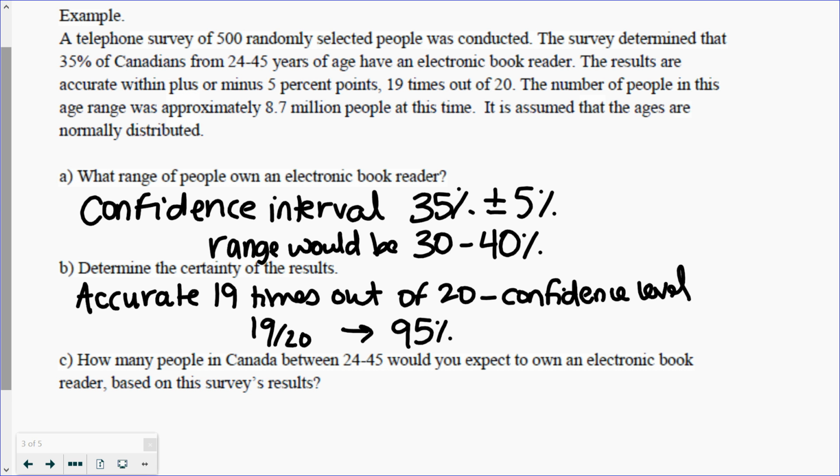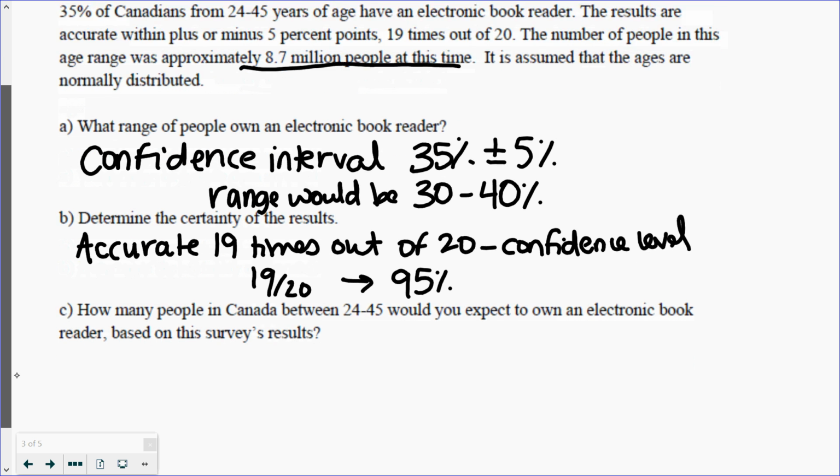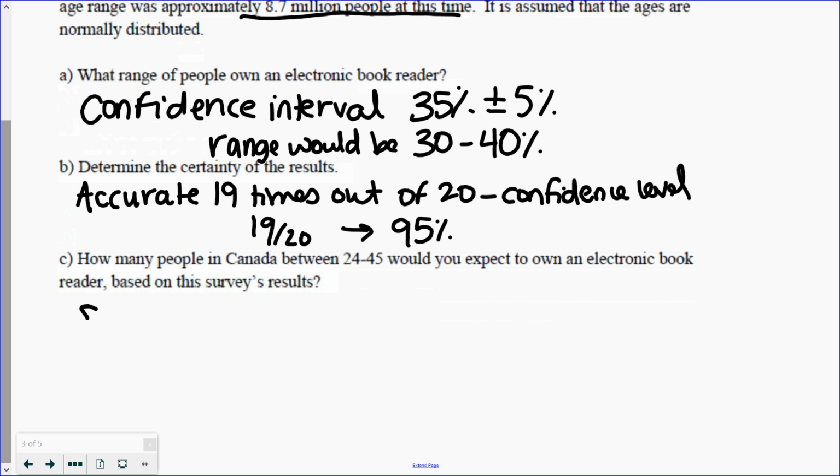And finally, it says, how many people in Canada between 24 and 45 would you expect to own an electronic book reader based on this survey's results? So it gives us that in that age range, there were about 8.7 million people. So we think that it's between 30 and 40% of it.